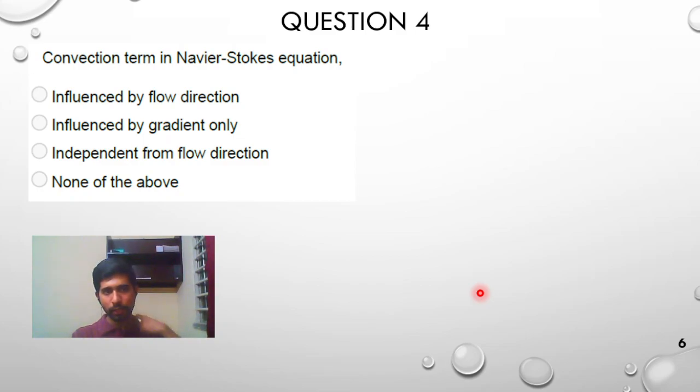The convection term in Navier-Stokes, I have discussed this in the starting. Now, all of you should answer this question. What should be the answer? Convection term is influenced by which of the following?